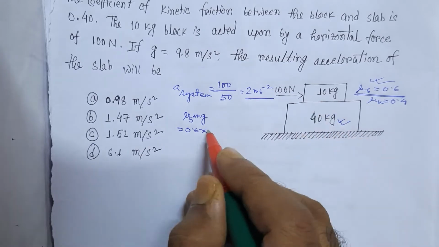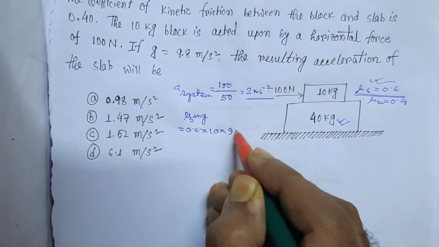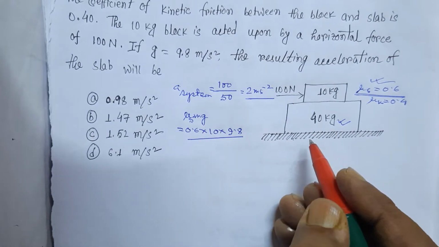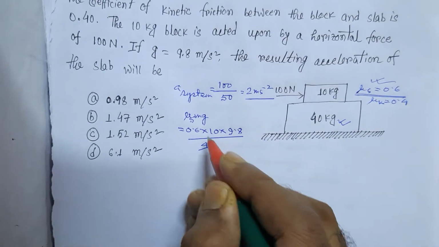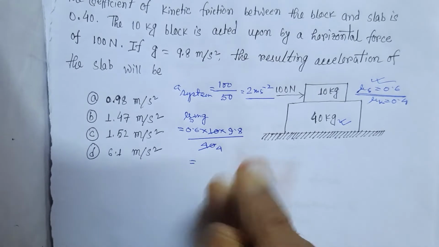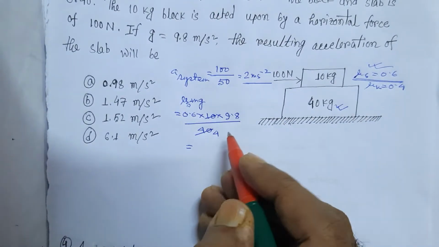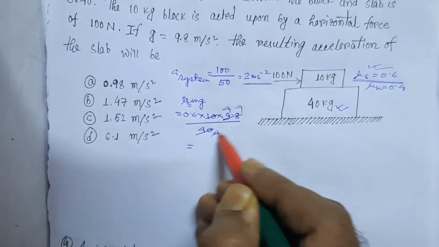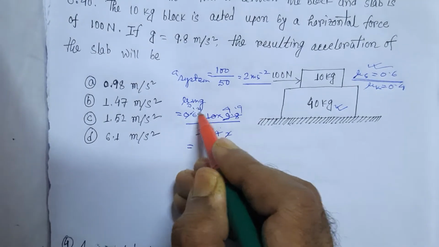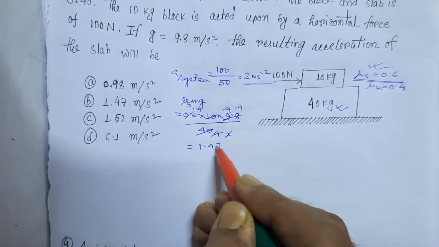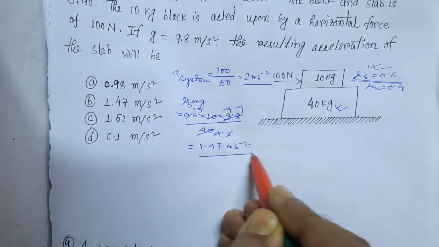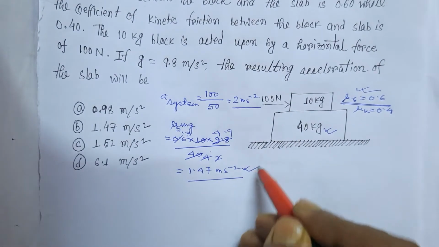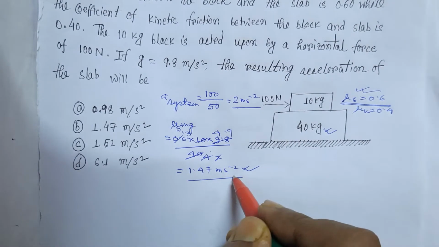So 0.6 into 10 into g, 9.8, whole divided by the mass, that is your 40 kg. So this is 1.47 meter per second square. So the maximum acceleration when the block and slab system moves together is 1.47 meter per second square.